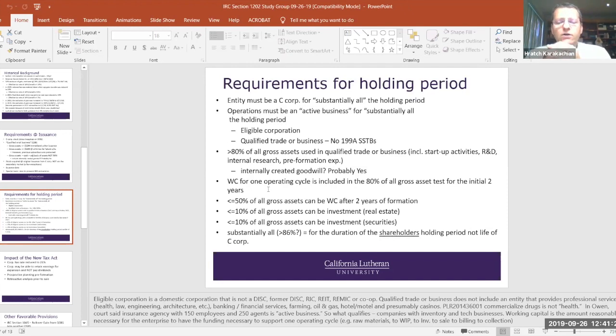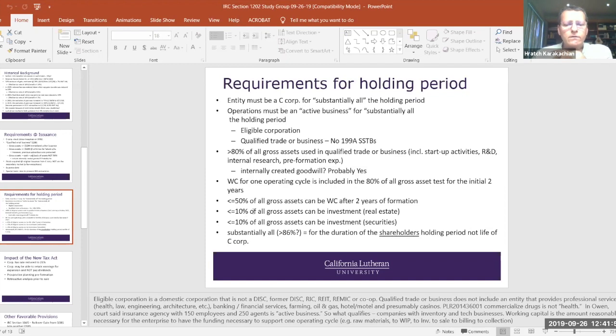For one cycle, reasonably necessary working capital is allowed and included in the 80% test, but only for the first 2 years of formation. After that, working capital is limited to 50% of the gross assets.